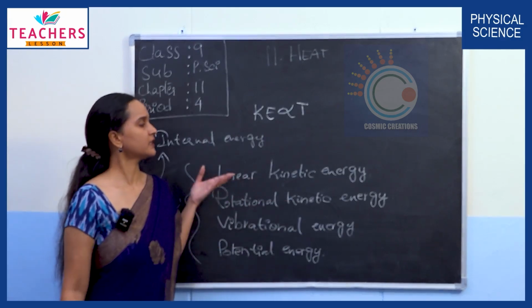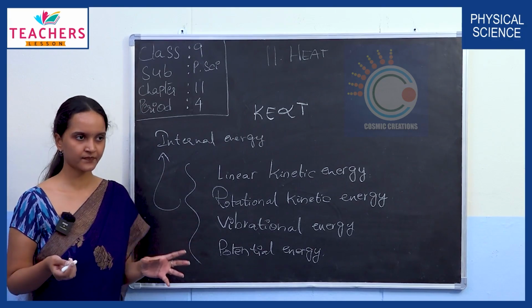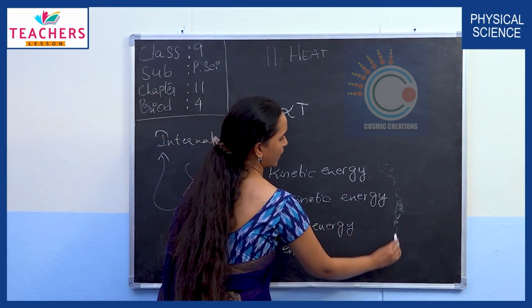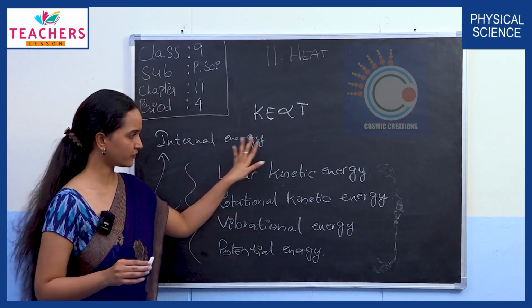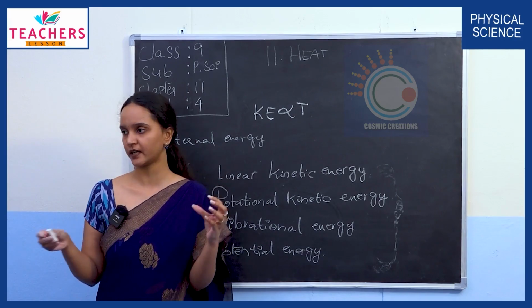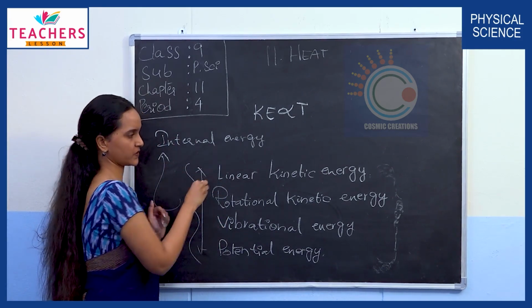Now, whenever heat energy is supplied to a body, that heat energy would be shared among all the molecules of the body in various forms. The amount of heat energy supplied to a body would be shared by all of its particles among various of these forms.